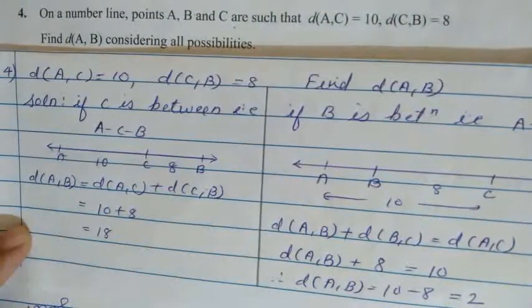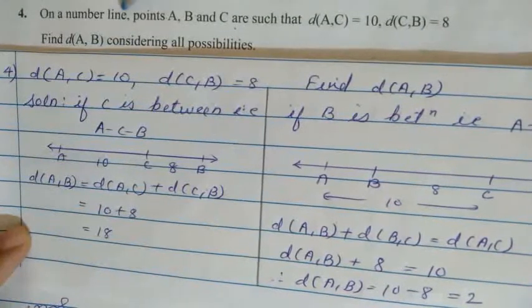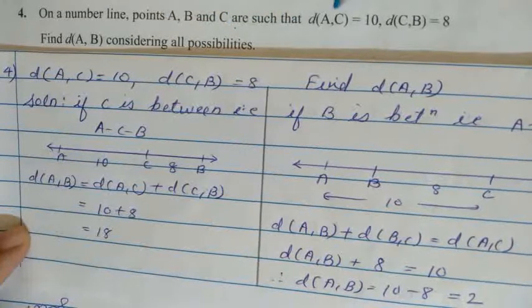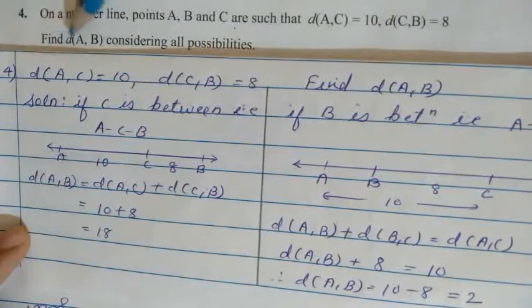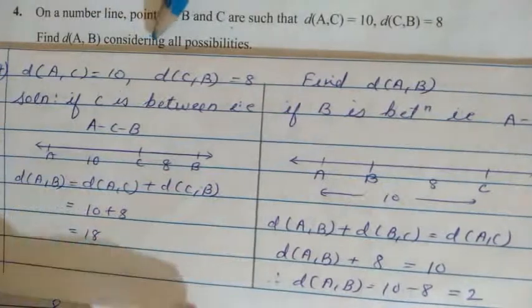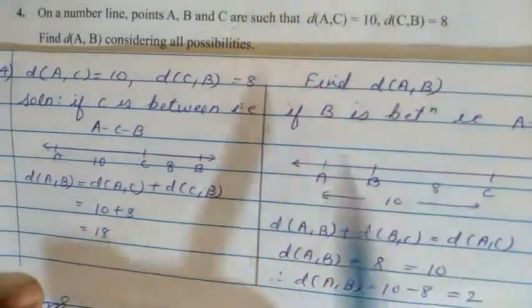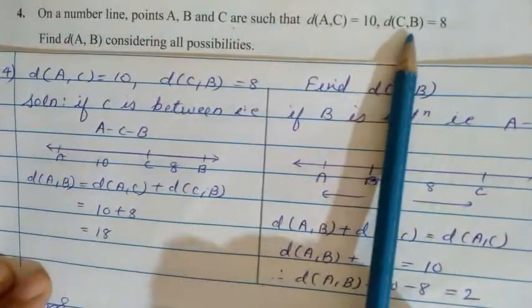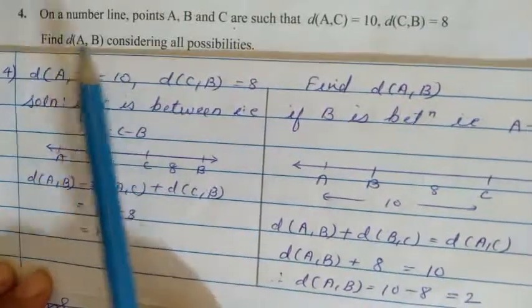The fourth sum, on a number line, points A, B, C are such that distance AC is equal to 10, distance CB is equal to 8, then find distance AB considering all the possibilities. Now, you can see in the sum, dear students, you have to find distance AB.